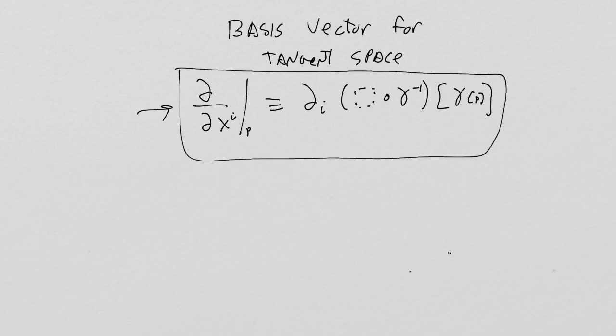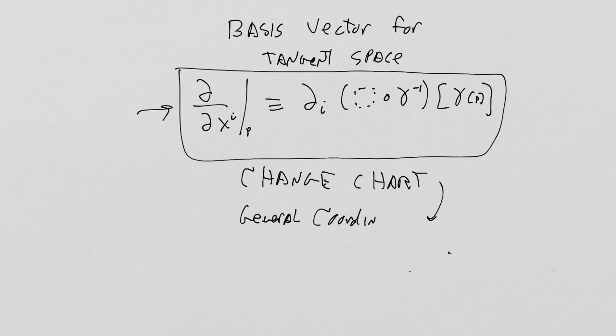So those are the basis vectors, and then we discovered how to change charts, and we now know that changing charts corresponds to the general relativity notion of a general coordinate change.